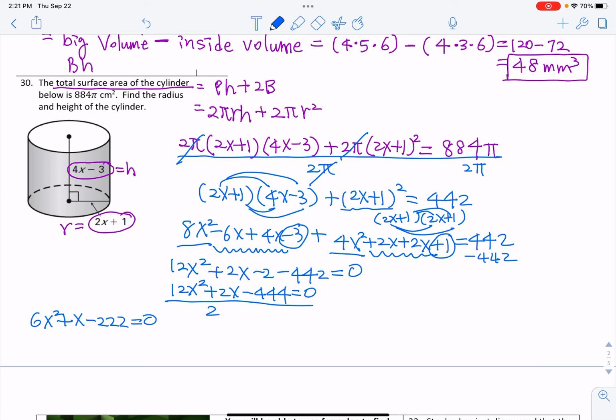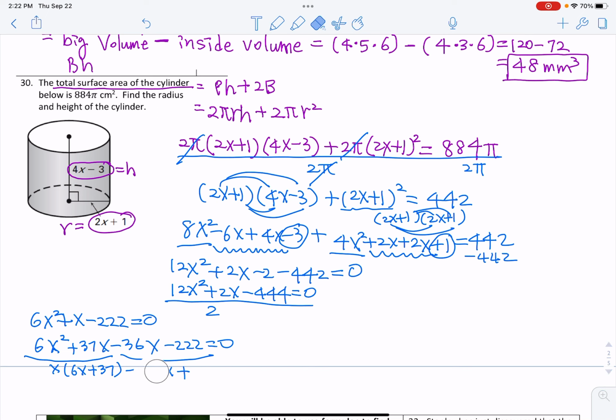So I can get 6x squared plus 37x minus 36x minus 222 equal to 0, and then you group. The first two have an x as a common factor, 6x plus 37, and then the second one has a, oh, no, wait.